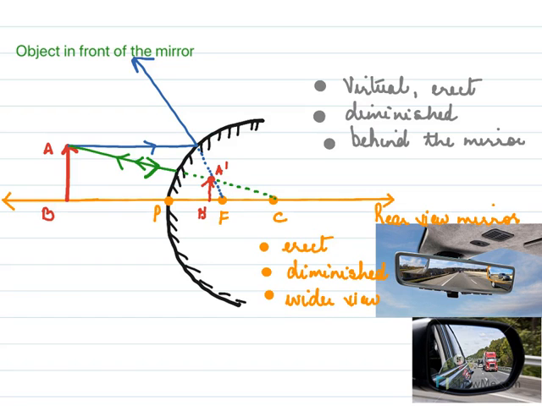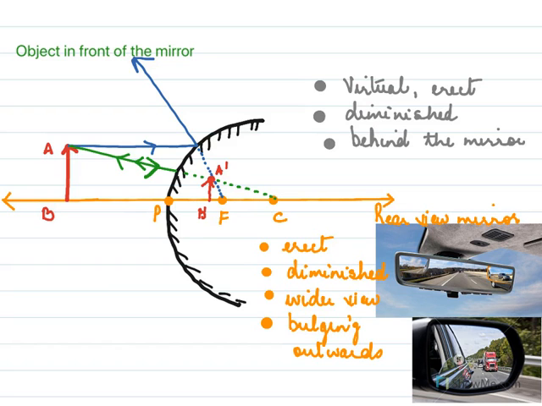They are also bulging outwards, and because they are bulging outward, they give you a much better view of the traffic behind.